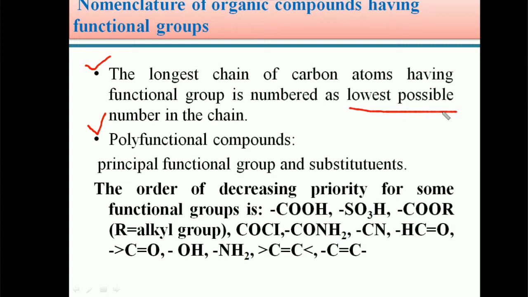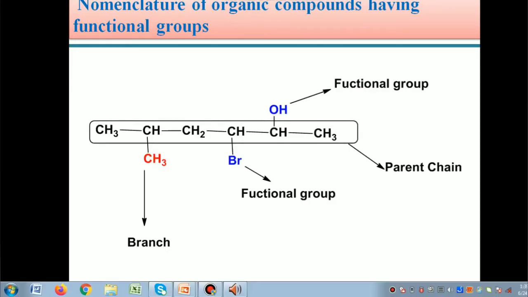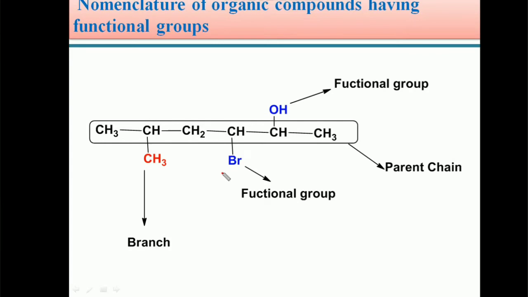Lowest possible number. In the previous example we saw, suppose these two are functional groups in the given organic compound. If you give numbering from left to right, 1, 2, 3, 4, 5, 6, or if you assign numbering from right to left, 1, 2, 3, 4, 5, 6.